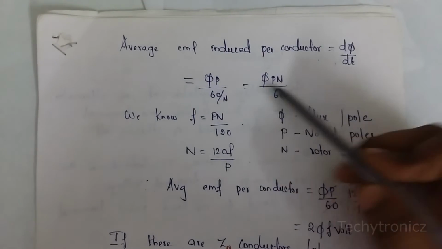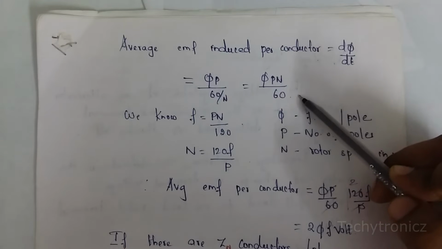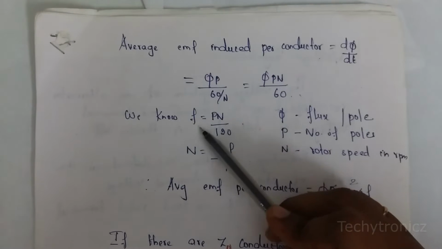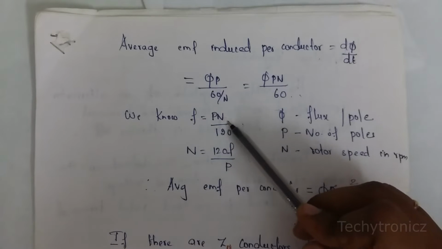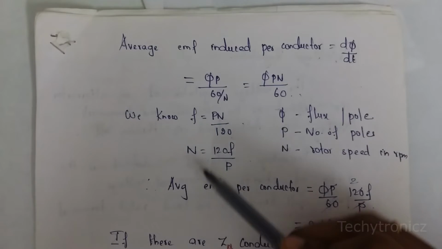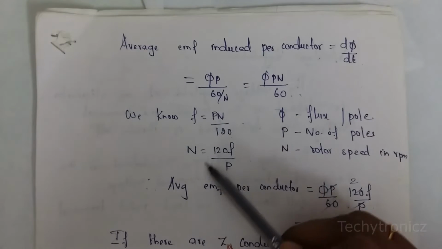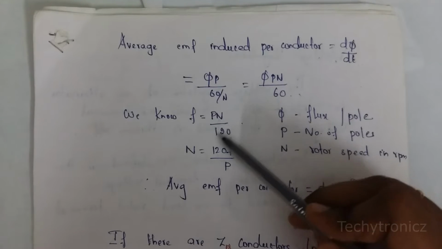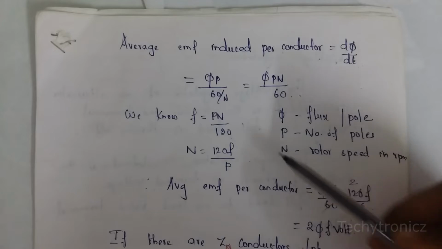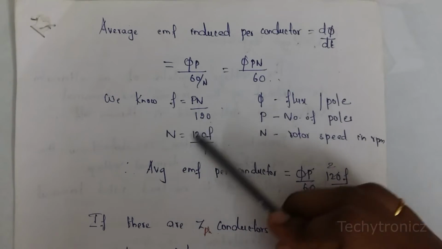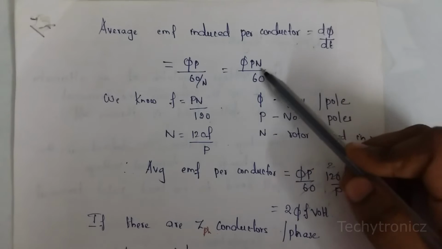φPN divided by 60. We know the frequency depends on the number of poles and the speed of the rotor, therefore f = Pn/120, and here N = 120f/P. Substitute this value of N in the EMF induced per conductor.